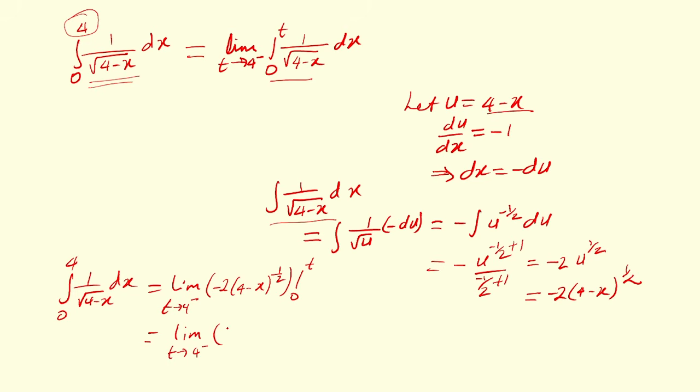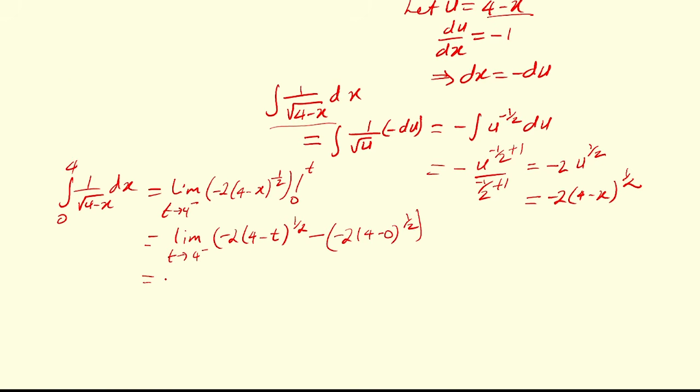Substitute t for x: minus 2 times (4 minus t) to the power of 1/2, minus the substitution of 0: minus 2 times (4 minus 0) to the power of 1/2. This is the limit of minus 2 times (4 minus t) to the power of 1/2 plus 2 times radical 4, that is 4, as t goes to 4 from the left.